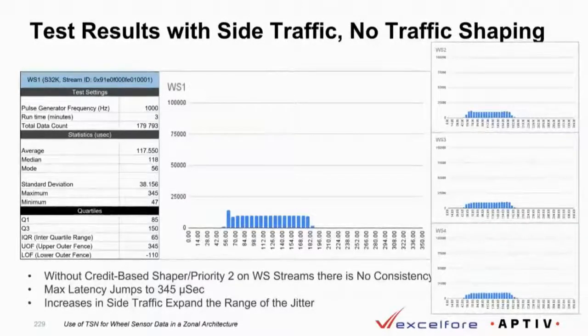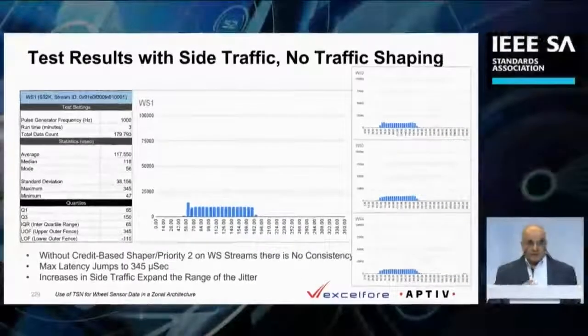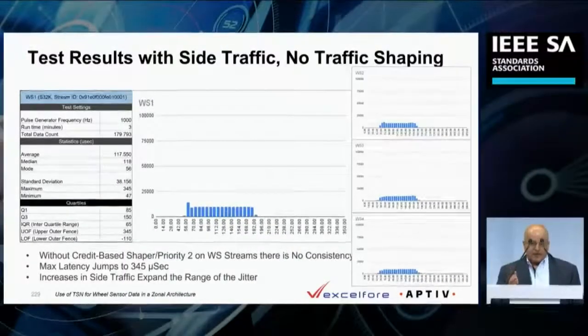The greater the channel side traffic, the broader is the distribution of the time sync. So you can see that all of a sudden, I cannot predict where this will insert itself. And with the same sample size, your average latency has suddenly shot up to 117 microseconds, with a max latency of almost 345.